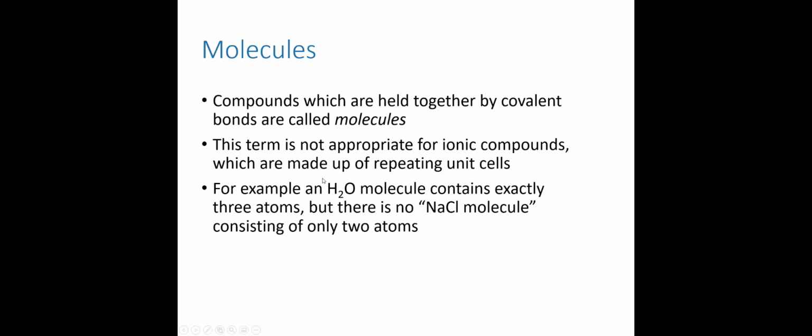We can find a single water molecule, but there is no single sodium chloride molecule with only 2 atoms in it. So let's look at some typical covalent compounds. Water we've already seen. This formula is the formula of many carbohydrates, but glucose is probably the one that's most familiar.